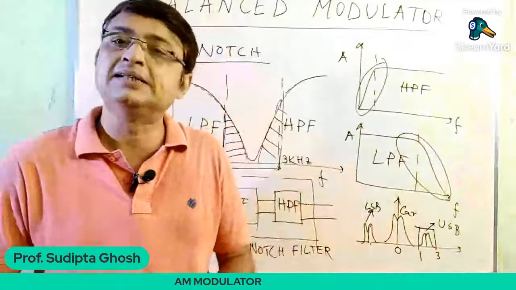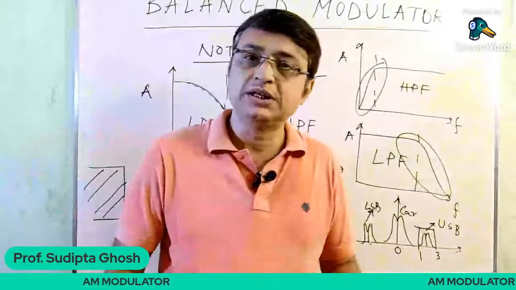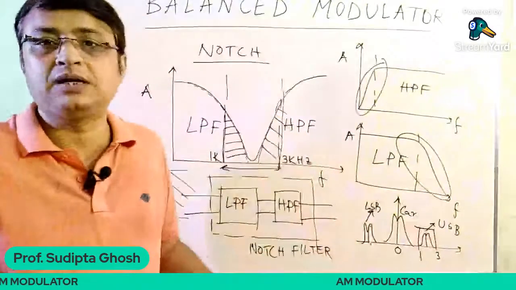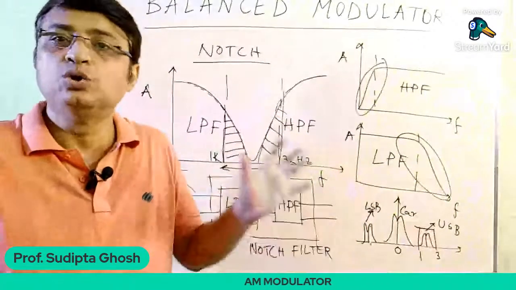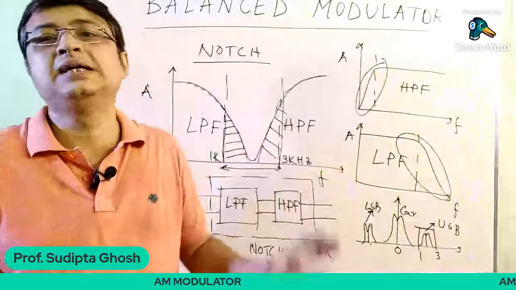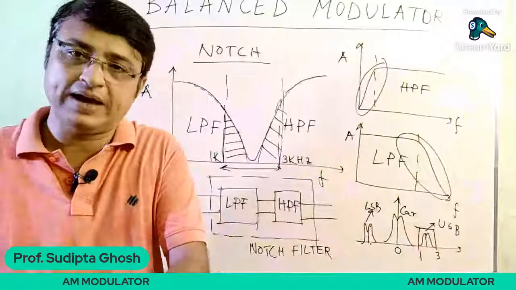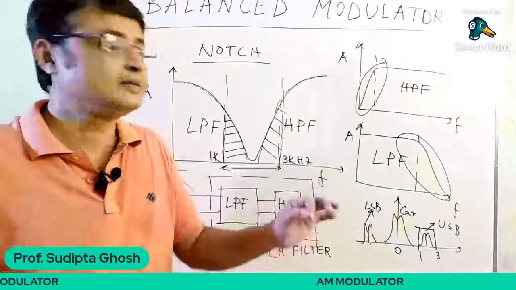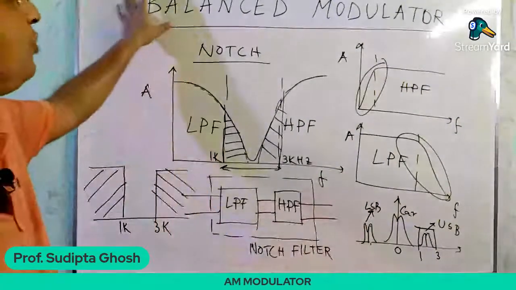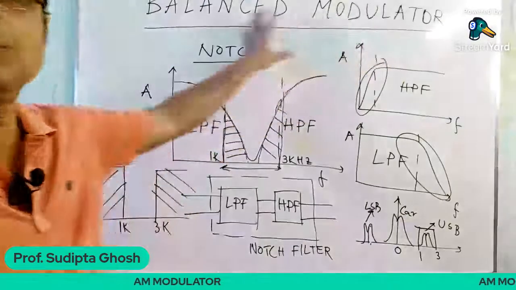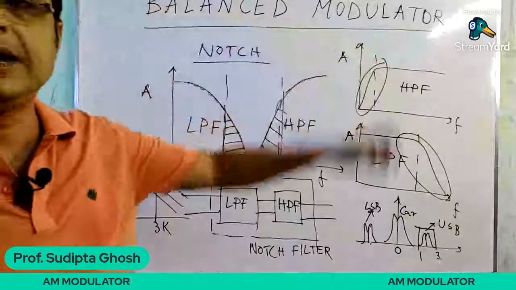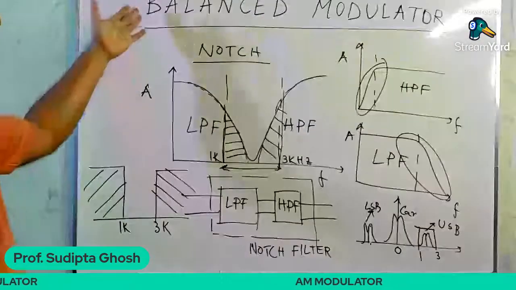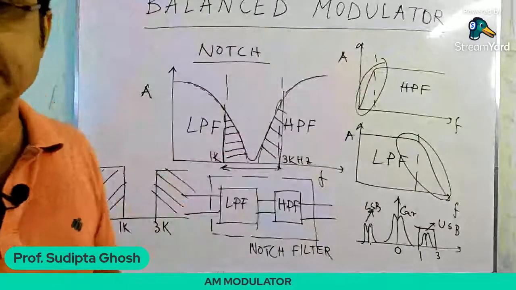So that is the reason we can't use this band reject filter or the notch filter to produce a single sideband wave. That is the reason we have to use an alternative method, an alternative circuit, and that is the balanced modulator circuit.